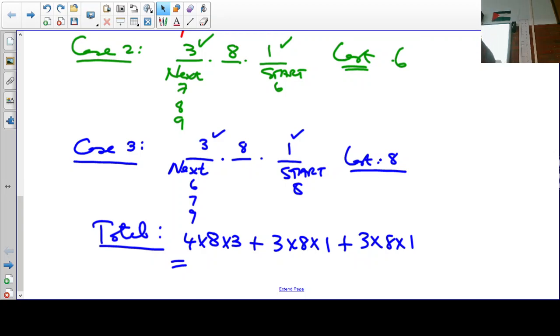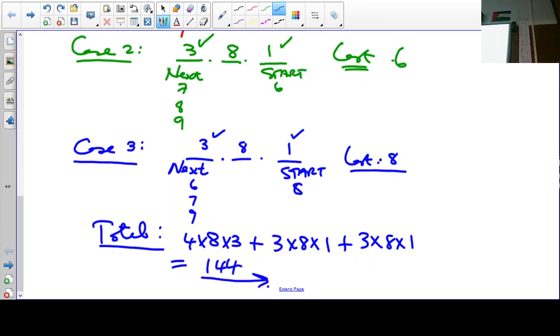So in total there are 144 such combinations that can be made up given that information in the sum.